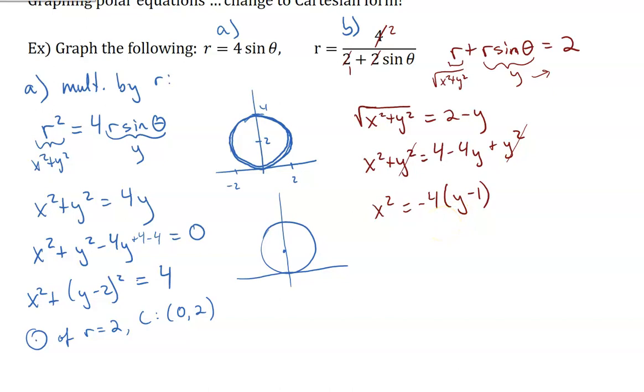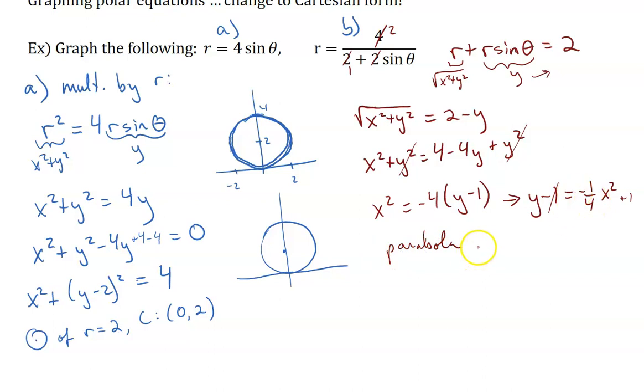So I could divide by negative 4 and then add 1, so I end up with y equals, or actually let's leave the negative 1 there. Y minus 1 equals negative 1/4 x squared, okay? Or you can add 1 behind that and get rid of this over here. So negative 1/4 x squared plus 1.